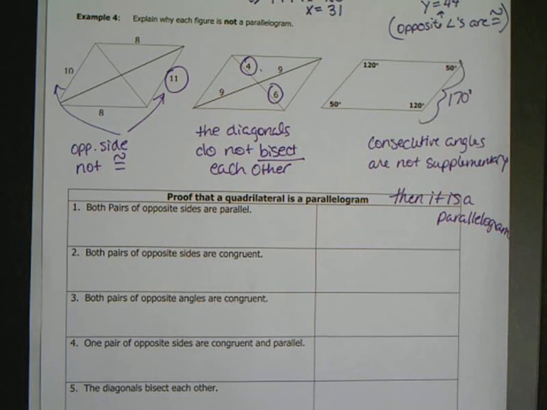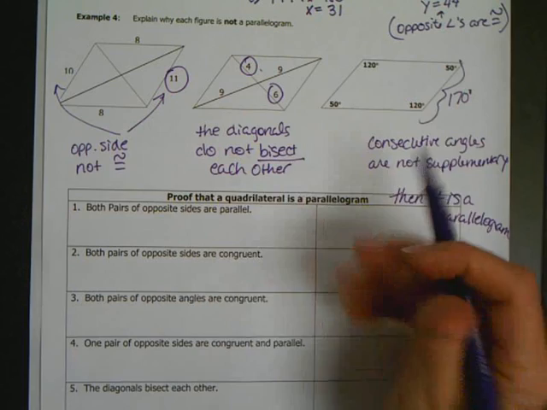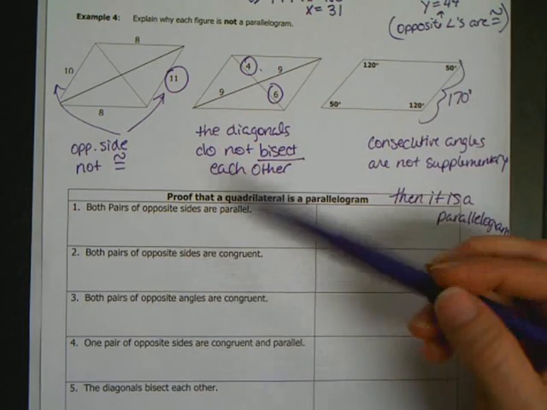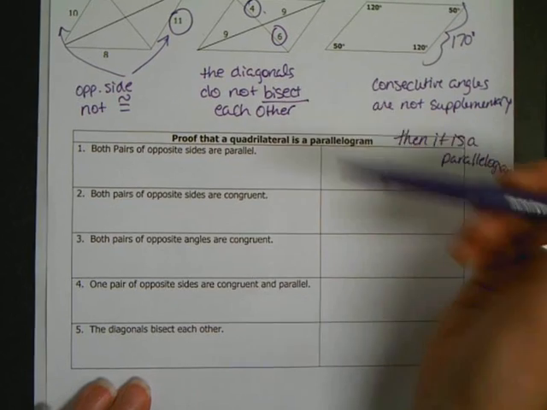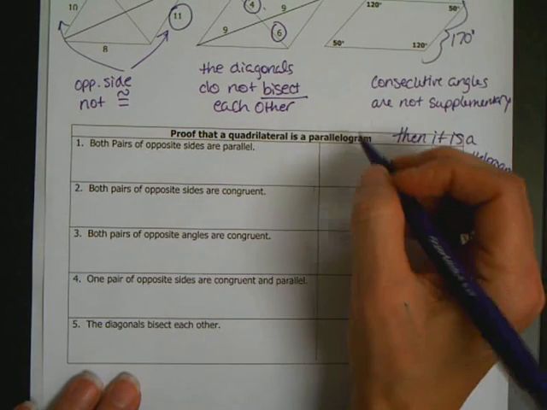Because before we would say a quadrilateral is a parallelogram if both pairs of opposite sides are parallel. Now we're saying both pairs of opposite sides are parallel, therefore it is a parallelogram. And once you've made that statement, then all of these other statements are true as well. So it's just the converse of what we wrote down on the other side.